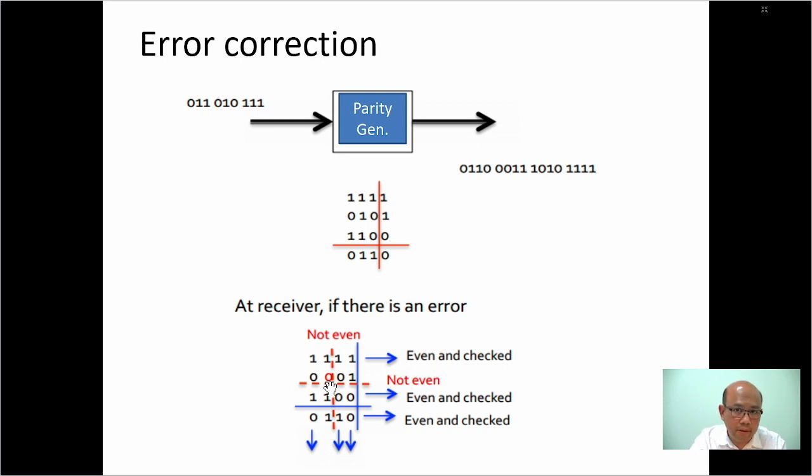After receiving the data with some point in error, the receiver can do the error correction by checking the parity bits. So it checks each row and each column, looking at each row first.